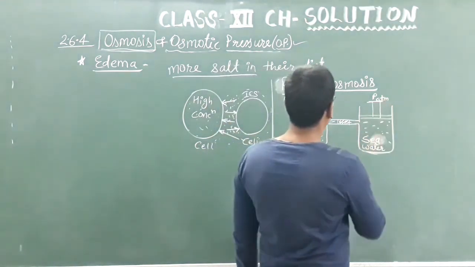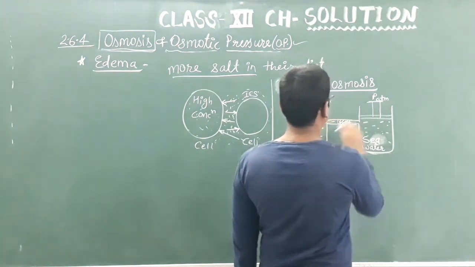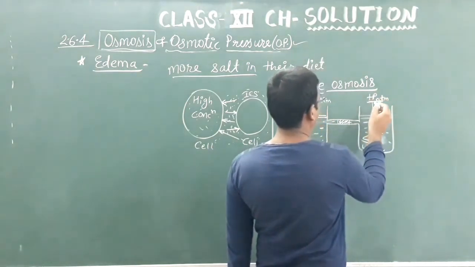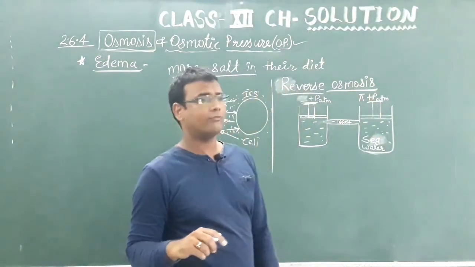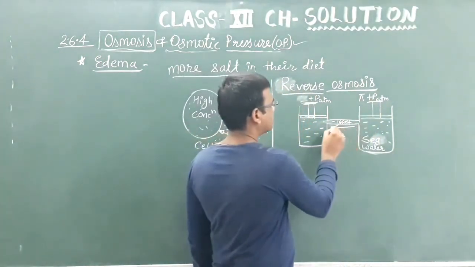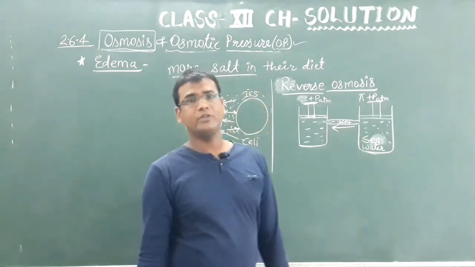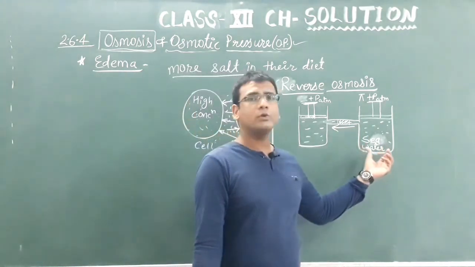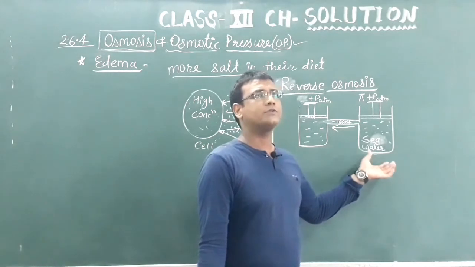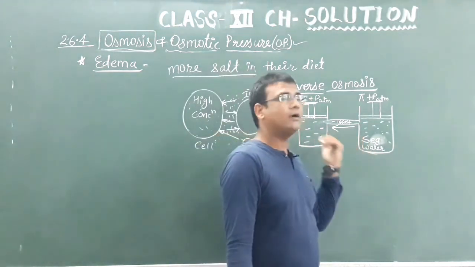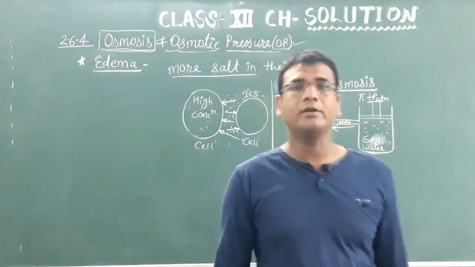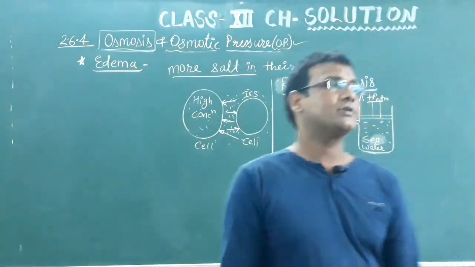Actually this is already here. Now if you put this pressure here in sea water, then what will happen? The water movement will start here in this way. Okay, so the pure water molecules from sea water get separated, okay, and they will be collected in this one.